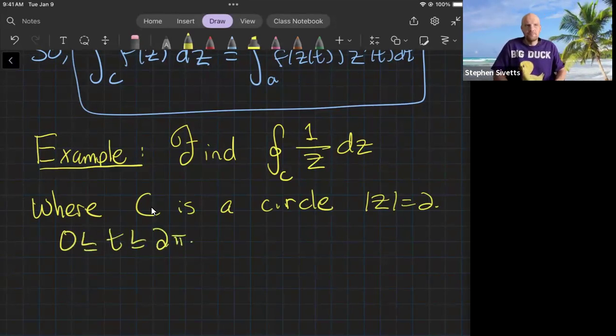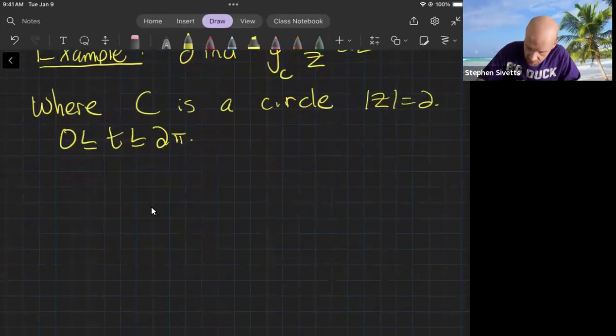So part of this work is we need to recall how to parameterize lines, circles and line segments, right? Those types of curves that we've seen in previous chapters. So in this case, we want to parameterize a circle.